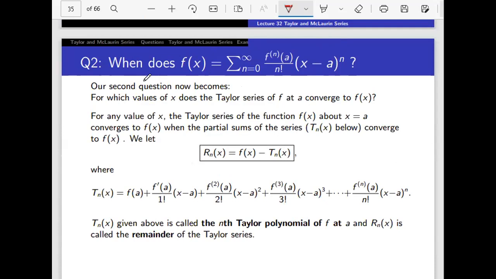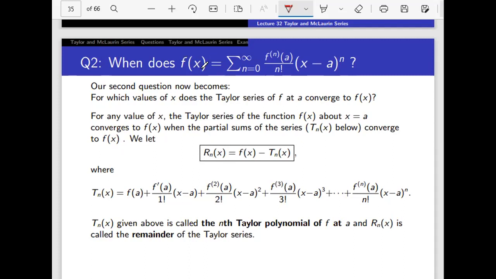Here they prove that this one converges to this. That means if you take the difference between these two, you can show that the limit of this, which is called the remainder of the Taylor expansion, right? So this is called the remainder.